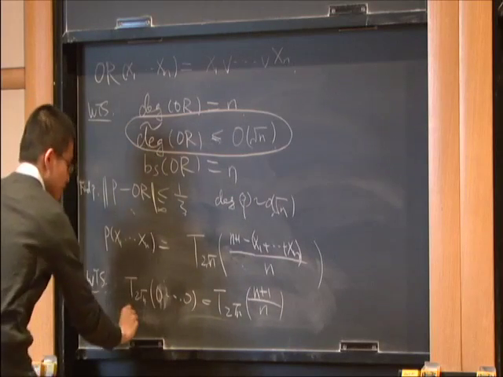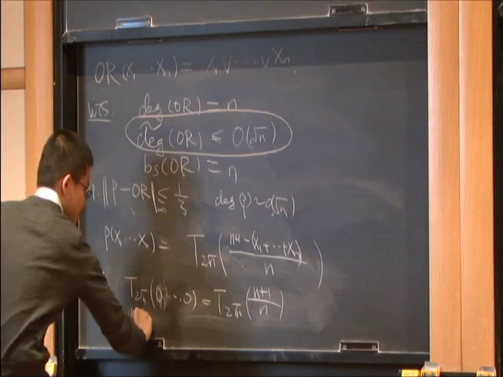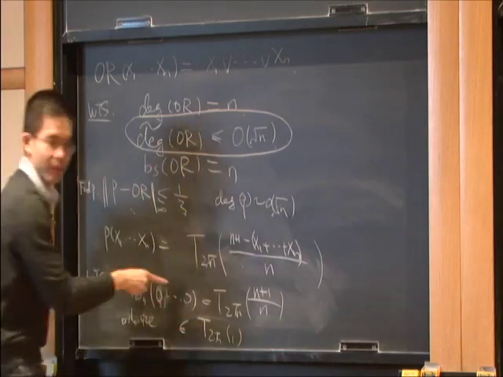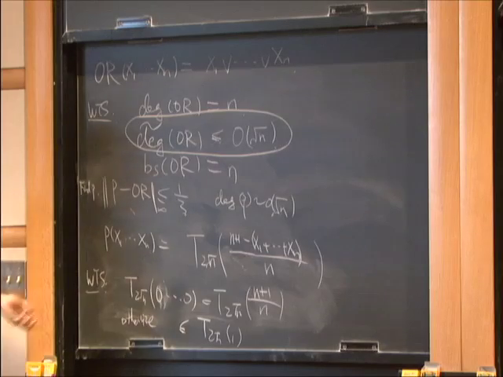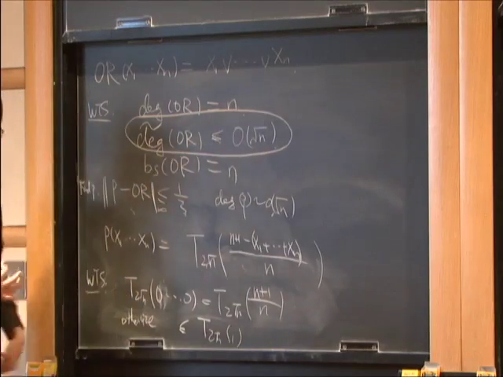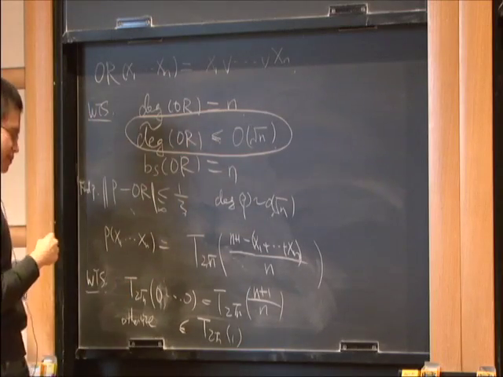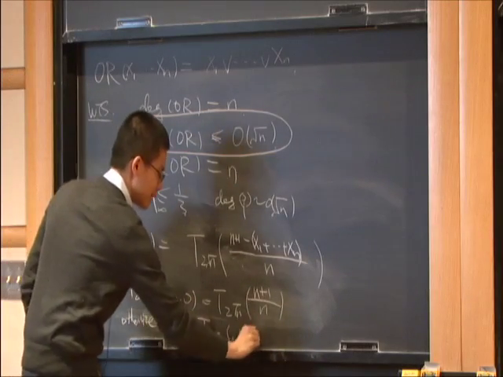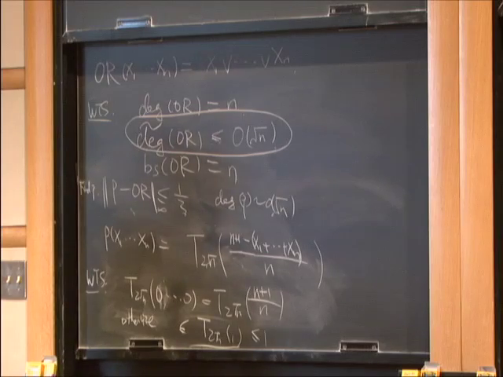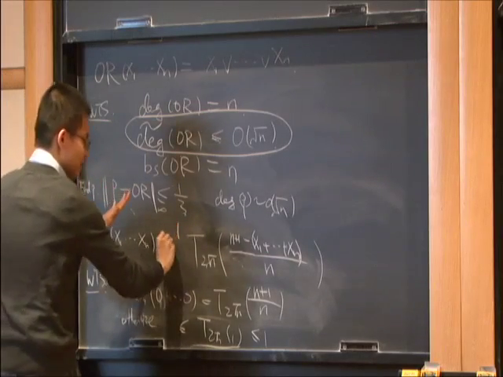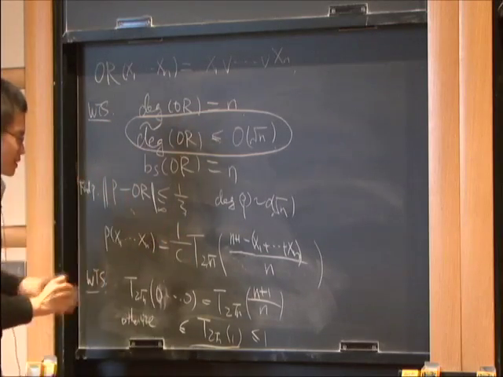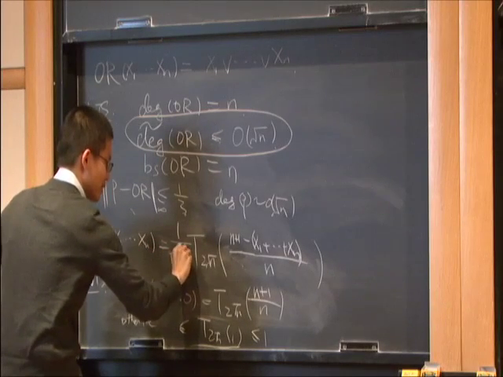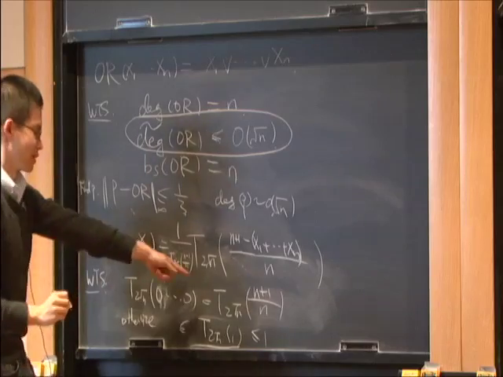Otherwise, it's less than or equal to the value of this function at 1, because you can show that the Chebyshev polynomial is monotonically increasing. And the nice property about this is that this number is always bounded by 1. Here I also need to take some constant, but I will tell you what this is in a second. So this is basically T_2√n of n plus 1 over n. So we normalize it with this.